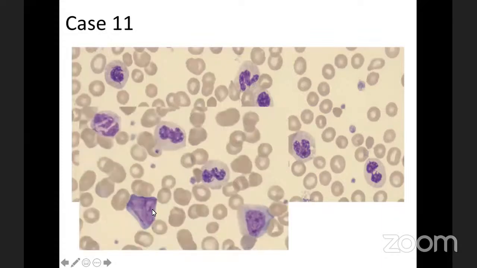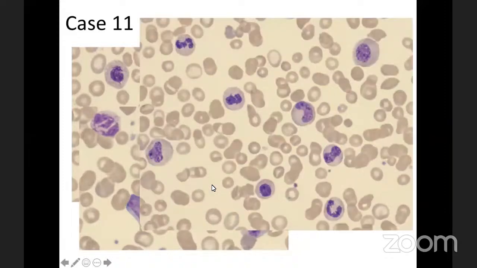We have one blast. This could be dysplastic left shifted, hypogranular basophils, hypolobated, more cells, dysplastic changes.